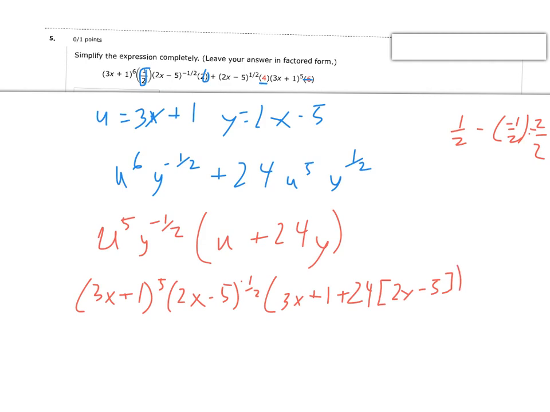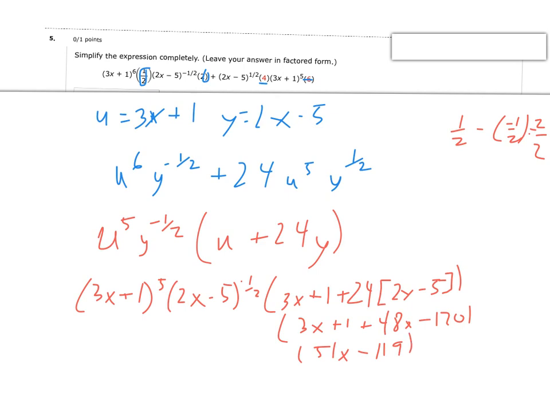All right, and so we'll go ahead and distribute and combine like terms over here. So we'll go plus 48x minus 120. Combine like terms in there, and we get 51x minus 119.